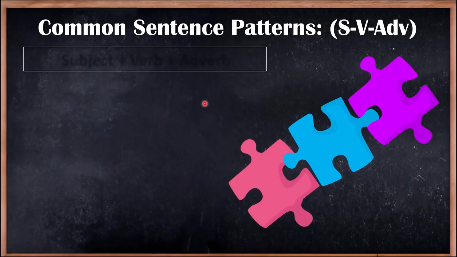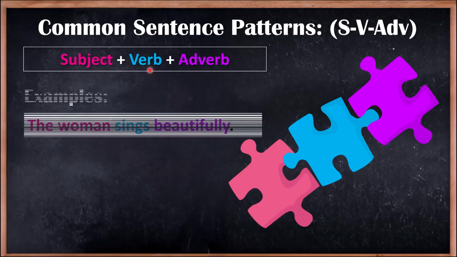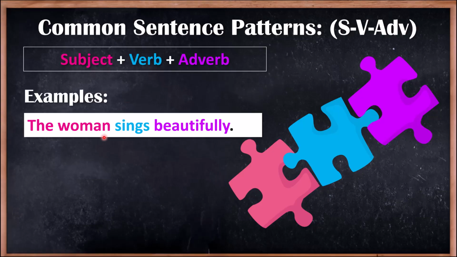Another common sentence pattern is subject plus verb plus adverb. In the previous example, we used adjectives to describe more characteristics of the subject. But with adverbs, we provide more detail about the verb or the action. For example, the woman sings beautifully. Beautifully is describing how the woman sings.